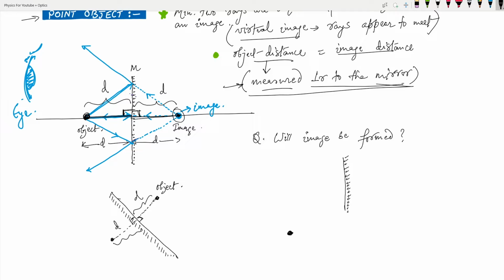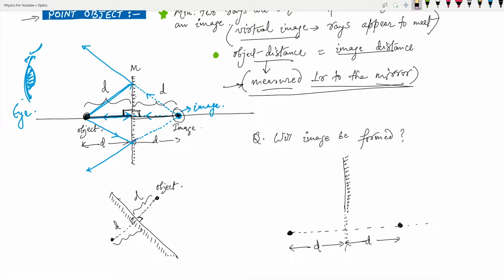Now, how to understand this? We know that the image is formed perpendicular to the mirror, but there is no mirror perpendicular to this body. So we will imagine that there is a mirror perpendicular to the body. If it is at a distance D from the mirror, then an image will be formed at a distance D at the back side of the mirror.